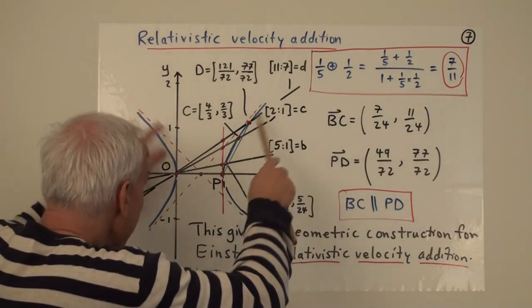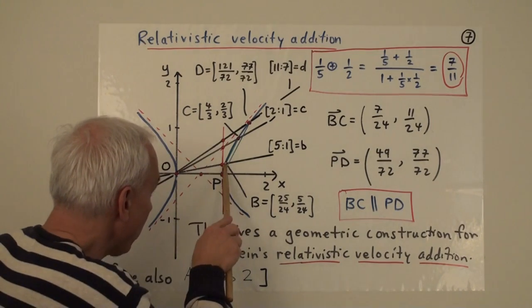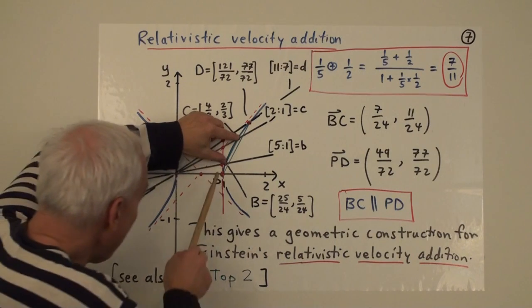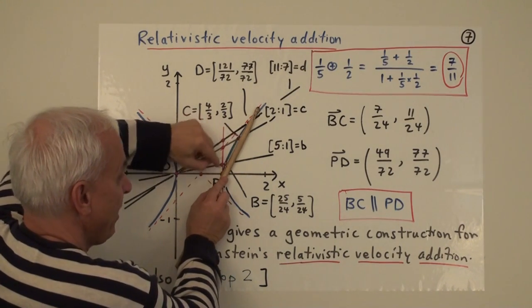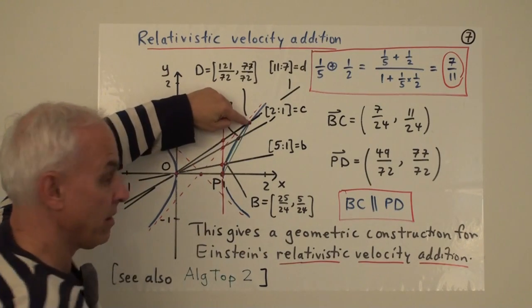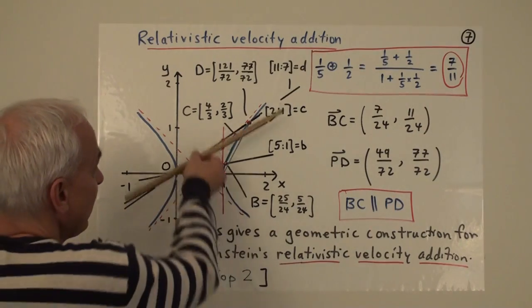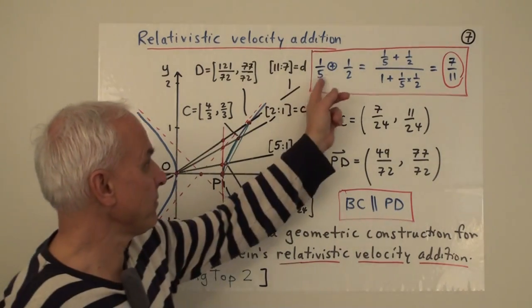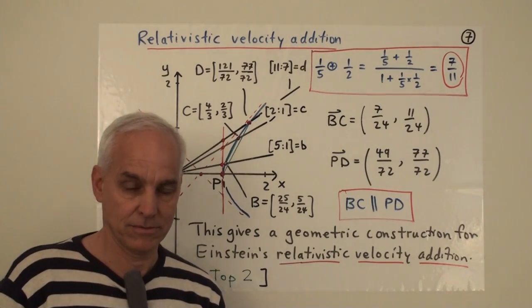As long as we have the core circle in front of us, we just look to see where our two lines meet the core circle and draw a line through P which is parallel to that segment, and where that line meets the core circle the second time, that is the point that we're interested in. That then is the velocity, which is the relativistic sum of the two original velocities.